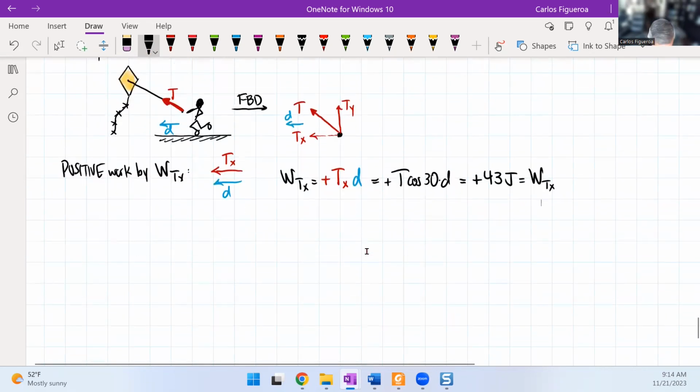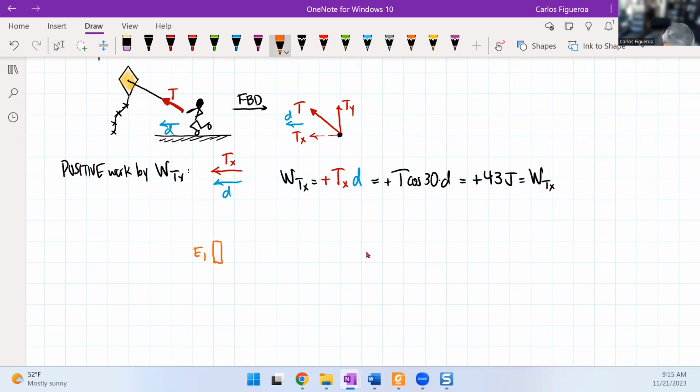So in other words, here's what I find. This work is positive, so if I look at a bar diagram, the boy starts off with some arbitrary energy, E1, and now we are doing positive work. As a consequence, the energy of the system has increased.